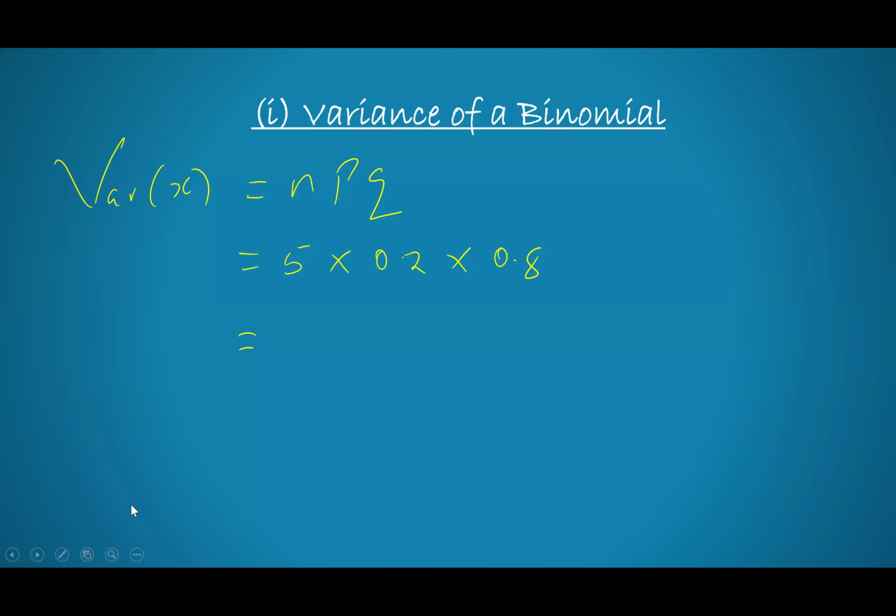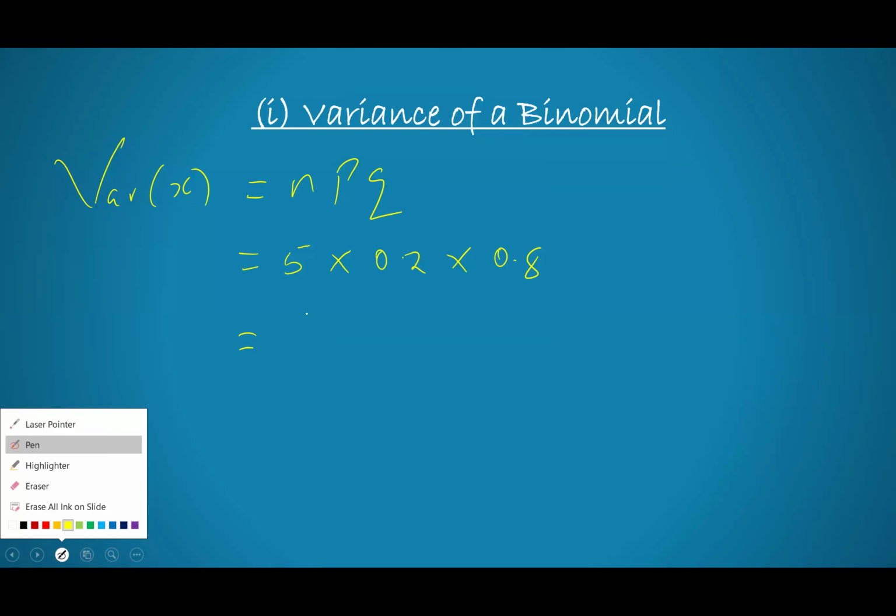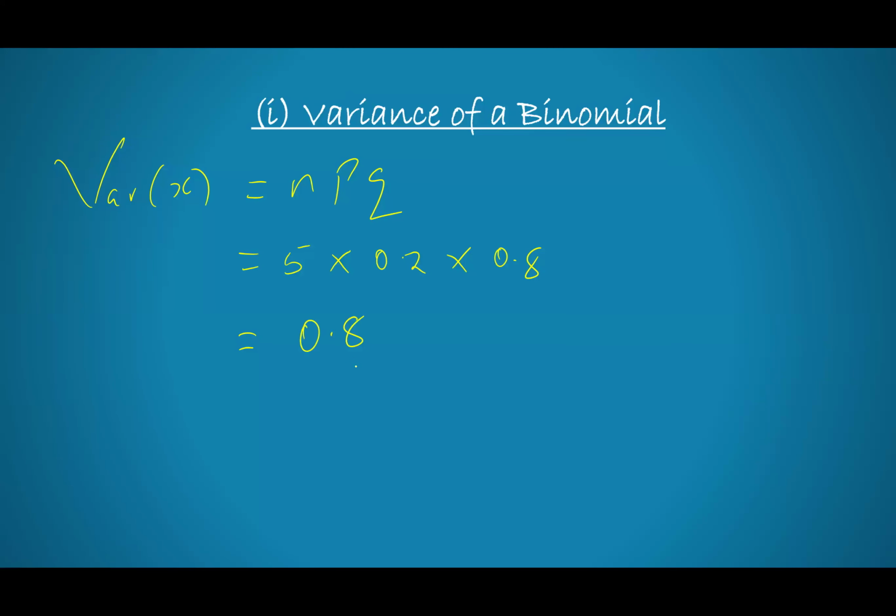Okay, anybody the calculator? What do we have here? That gives us 0.8. Perfect. Good. So that is our variance. Our variance is 0.8.